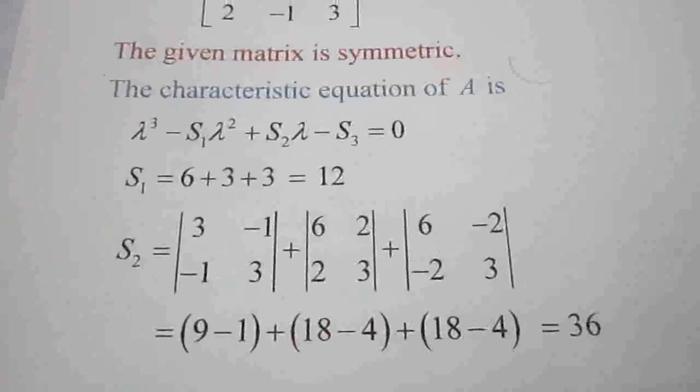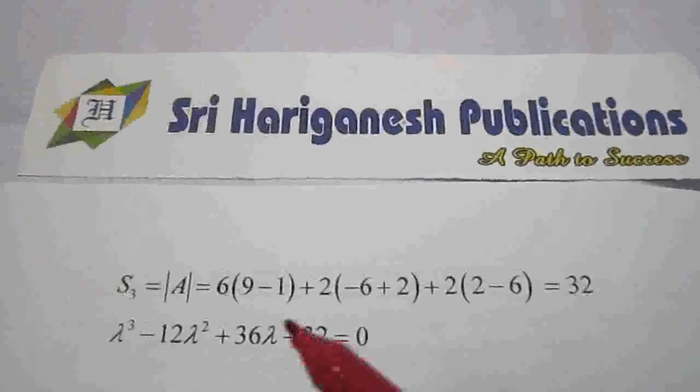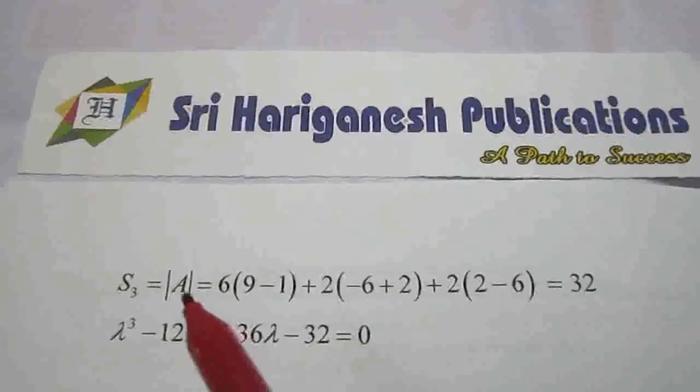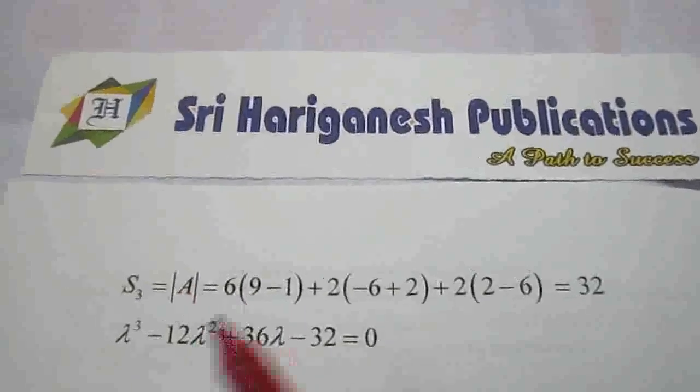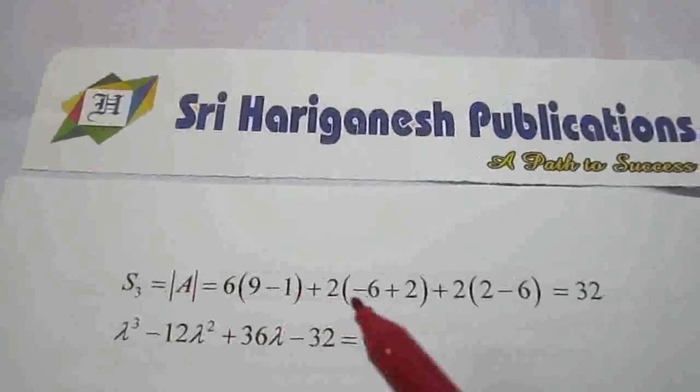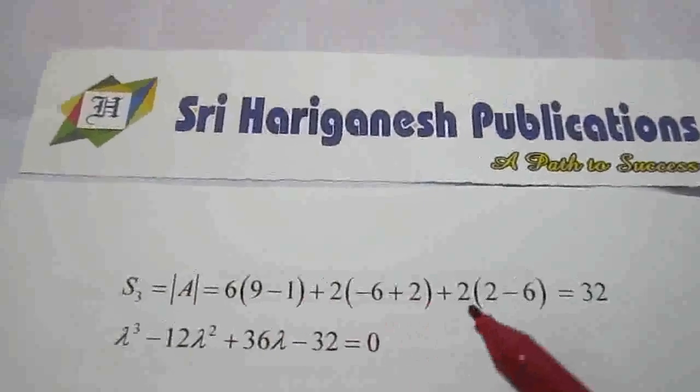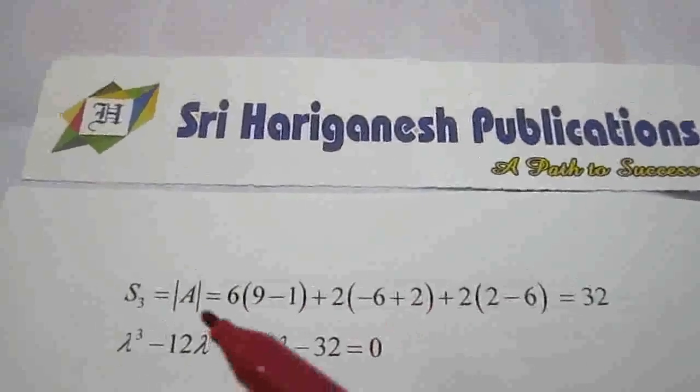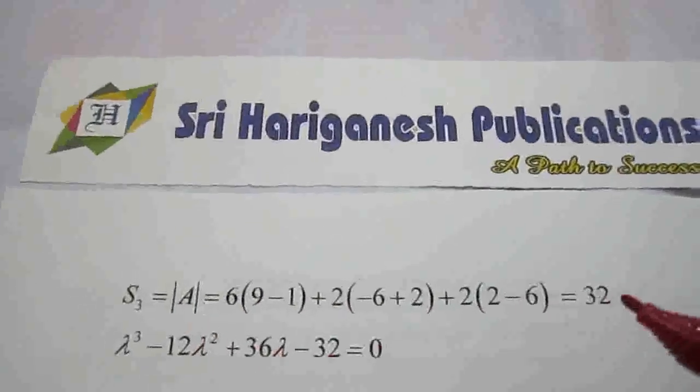Next we have to find s3. s3 is the determinant of the matrix. The determinant is 6 into (9 − 1), plus 2 into (−6 + 2), plus 2 into (2 − 6). You know how to find the determinant of the matrix A, which is 32.